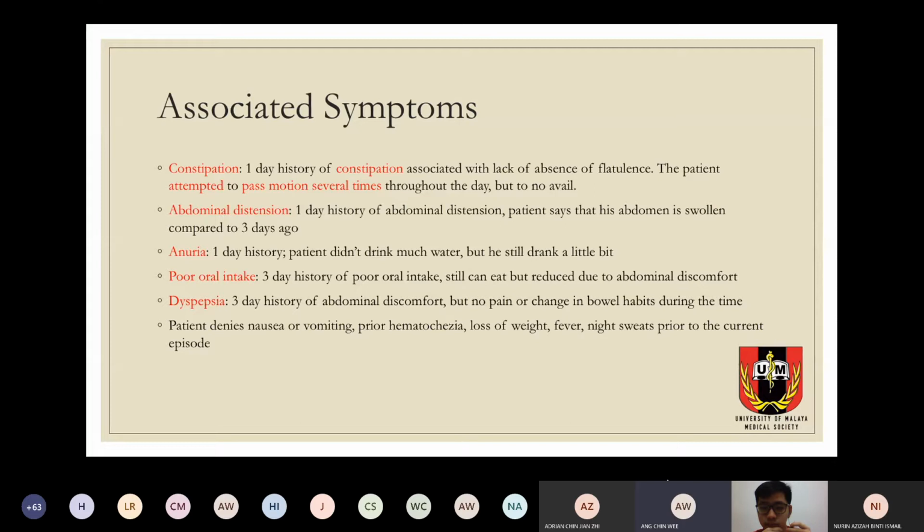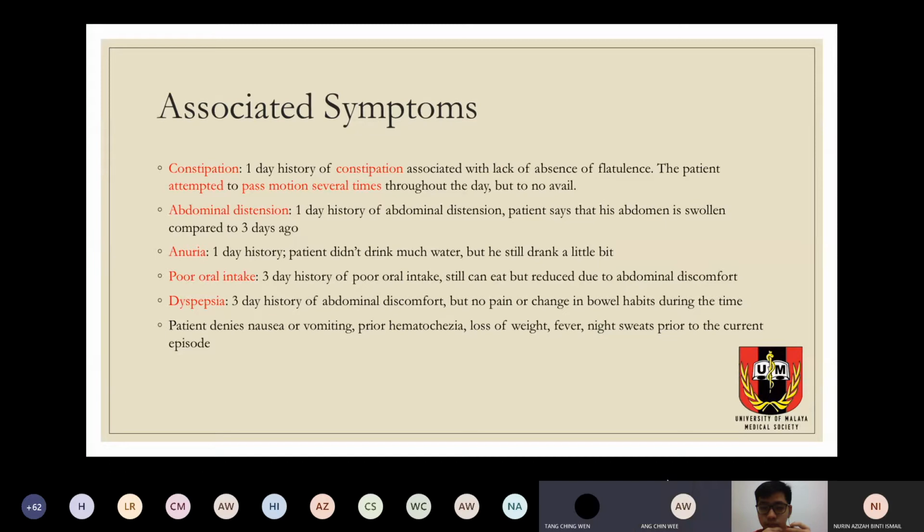Good morning, doctor. I was thinking perhaps the patient may have obstruction somewhere, so I think constipation is important, but I'm not very sure how to define constipation in this case.